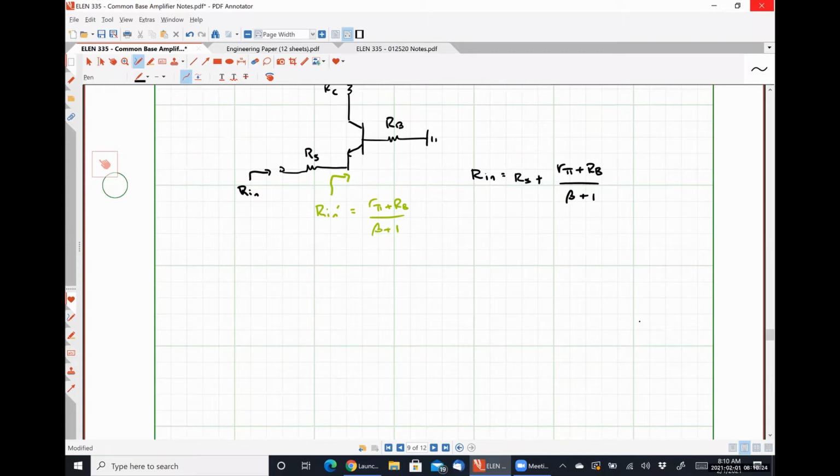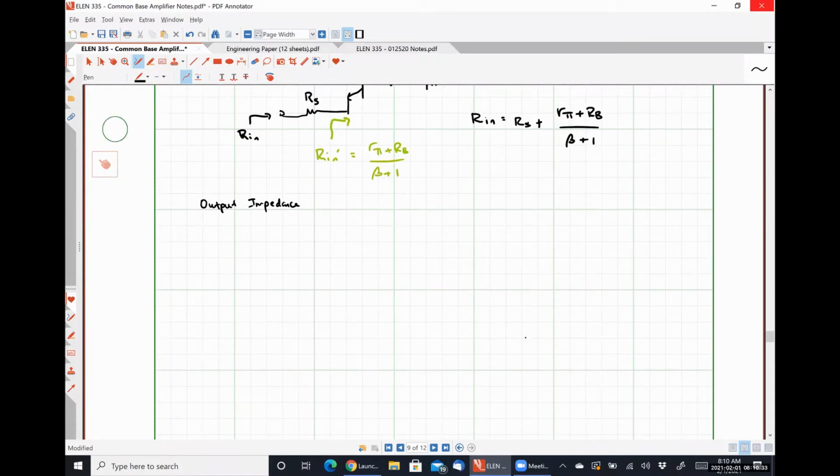For our output impedance, we're looking at this circuit. Here is RS.